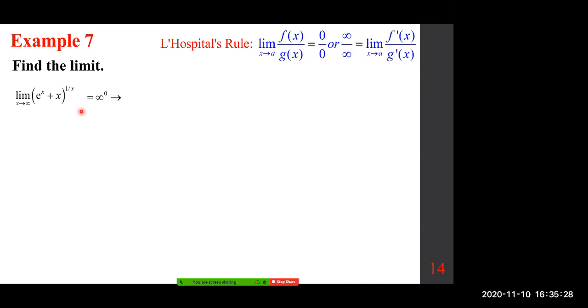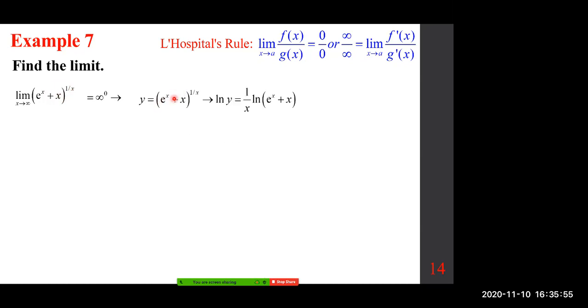The bottom line is, I'm going to remind you, when we differentiated a function that was in the form of f of x to the power of g of x, we did logarithmic differentiation. We set it equal to y, and then we took the natural log of both sides and implicit differentiation. The process is similar to that. So we are going to give it a name y, this function, because it makes life easier.